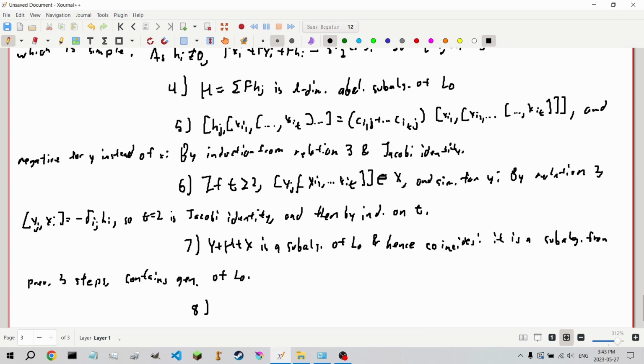Step 8, L naught equals Y plus H plus X, and the sum is direct.